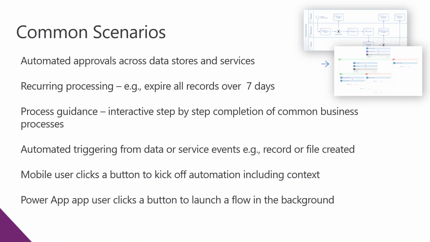So let's check our CRM and expire any records over a particular time, something like that. Step-by-step completion of common business processes, so having flows that control the data process rather than humans. Computers do it better. Robots do it better in a lot of cases. A lot of the mundane stuff, computers definitely do better.